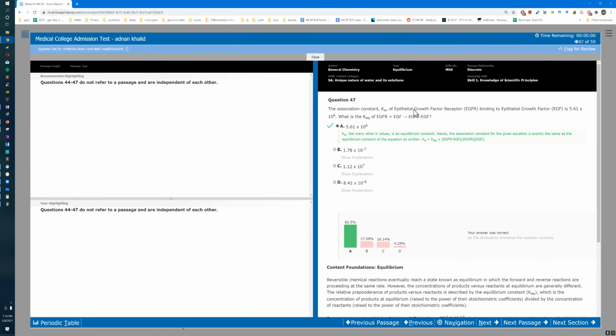And so the association constant is 5.61 times 10 to the 6th. And KEQ is just this over this times that, in terms of concentrations. And there's nothing else here, so it's just going to be the same thing here.